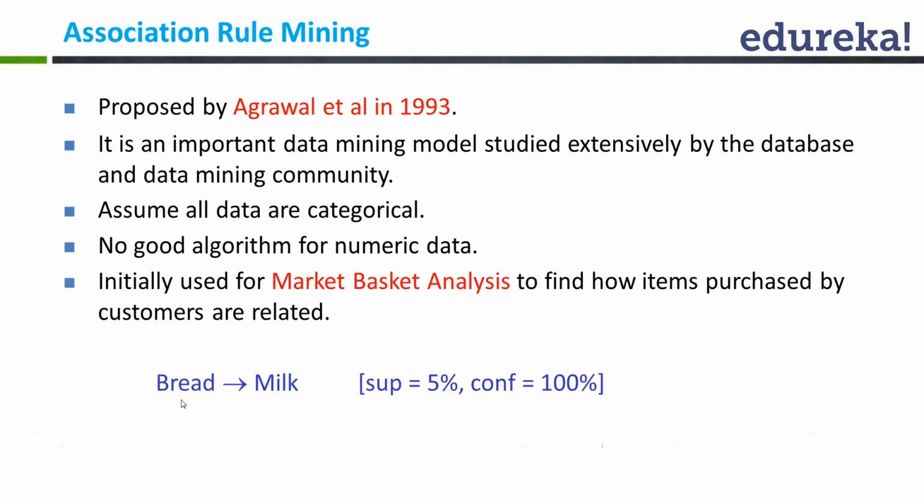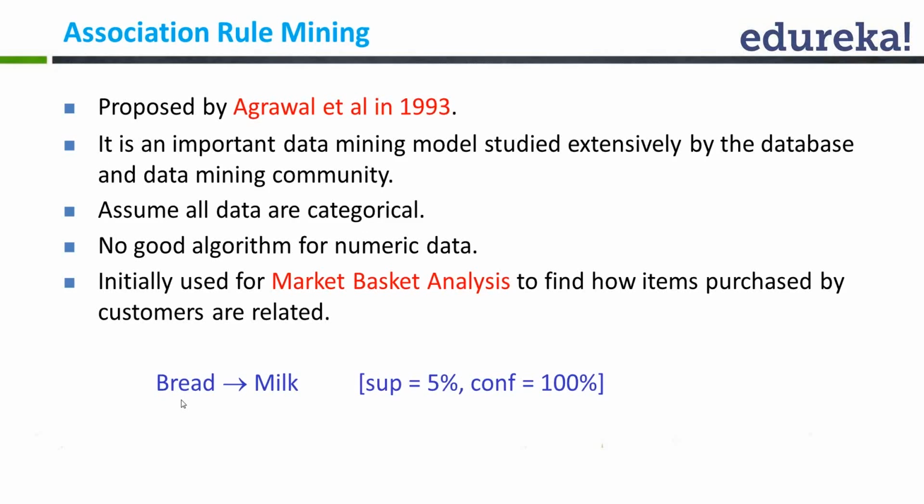So if you think about it, it's completely different from what we have been seeing so far, right? In clustering, we talked about how to group or segment my data into different clusters or segments. Whereas in classification, we were talking about how to predict some class label, whether it's spam, no spam, fraudulent, not fraudulent, and so on.